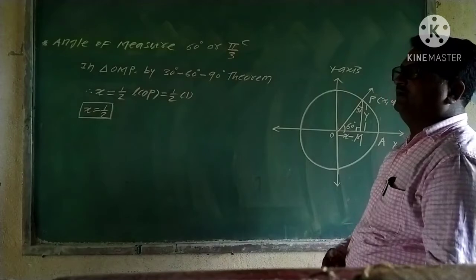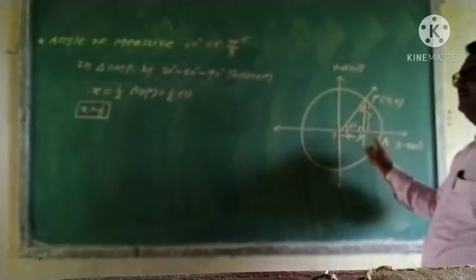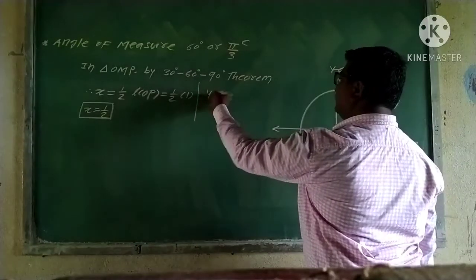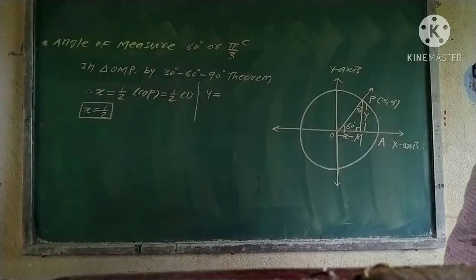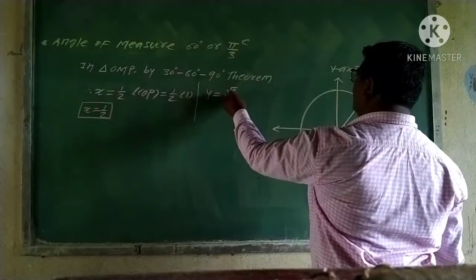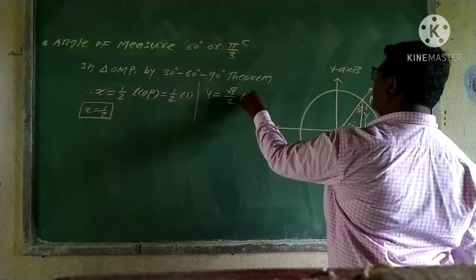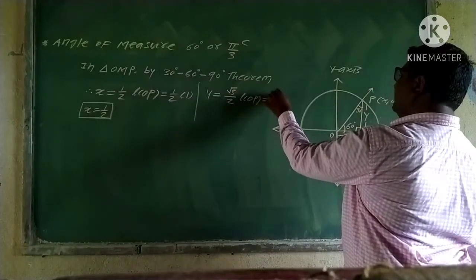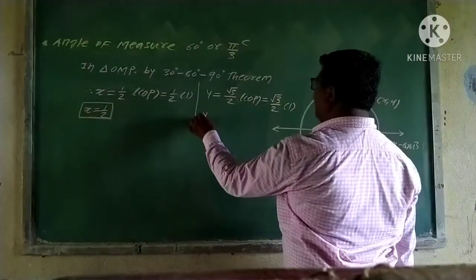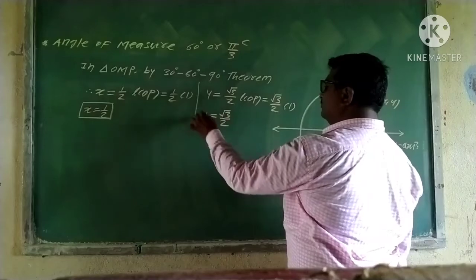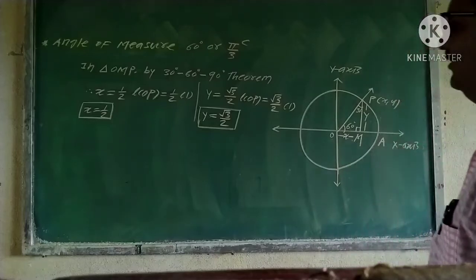The side opposite to the angle of measure 60 degree is y, and by the 30, 60, 90 theorem it equals square root 3 upon 2 times the hypotenuse OP. Since OP is the radius of the unit circle, equal to 1, y equals square root 3 upon 2. So we found the values of x and y.